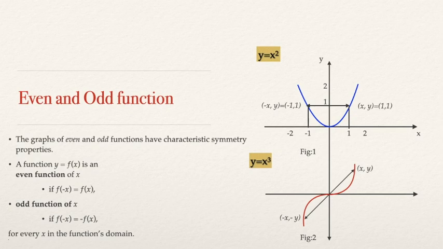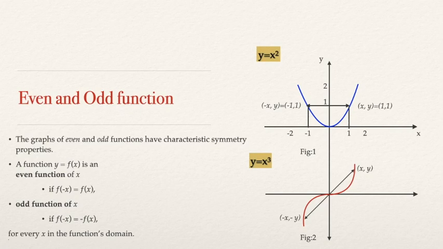If y is an odd power of x, as in y equal to x or y equal to x cube, it is an odd function because minus x whole to the power 1 equal to minus x and minus x whole cube equal to minus x cube.